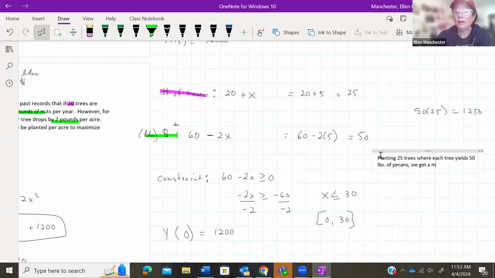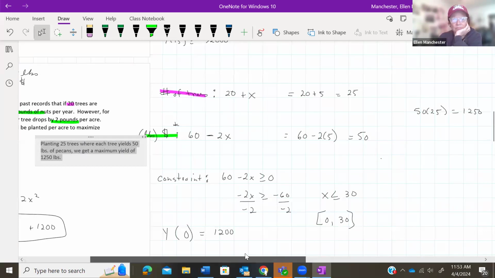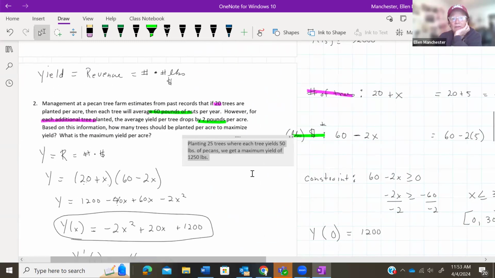We get a maximum yield of 1,250 pounds. Okay, any questions on that one?